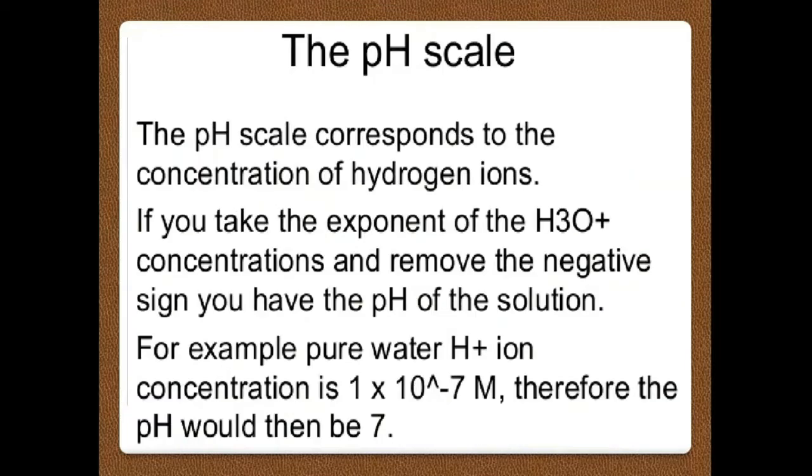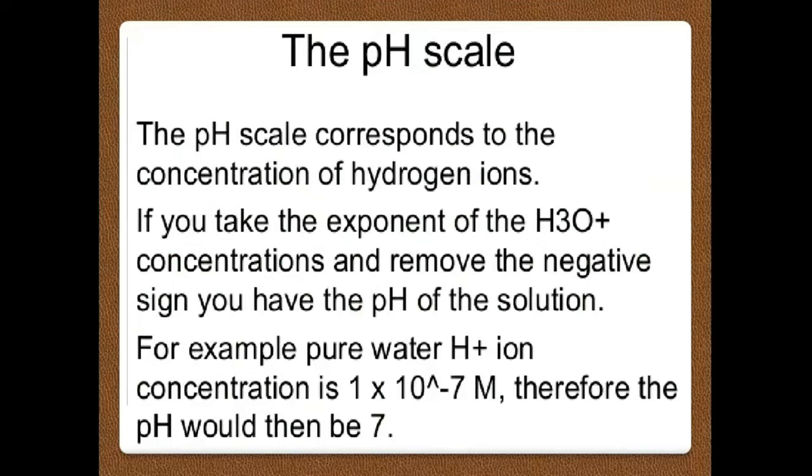Then coming to the pH scale. The pH scale corresponds to the H+ ion concentration, that is hydrogen ion concentration. Based on that only, the pH scale is designed. If you take the exponent of the H3O+ ion concentration and remove the negative sign, then you have the pH of the solution.